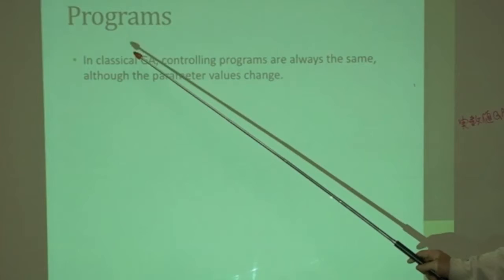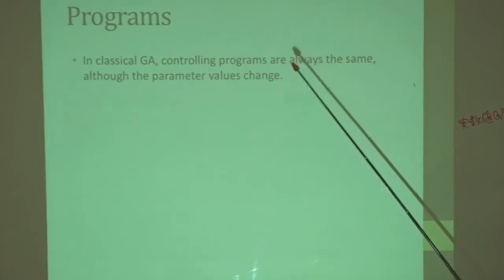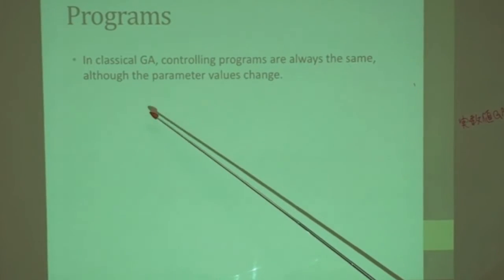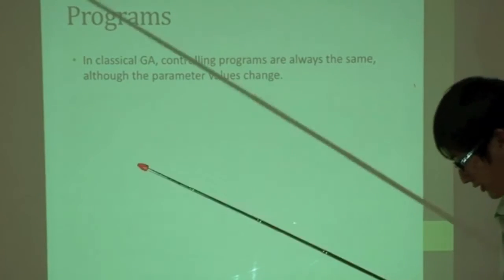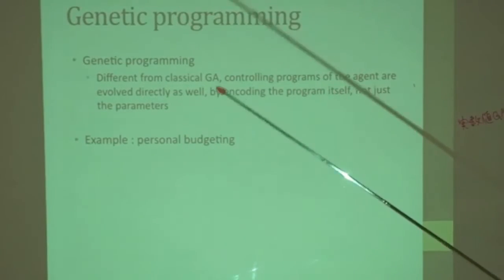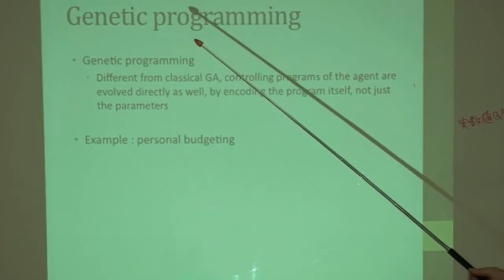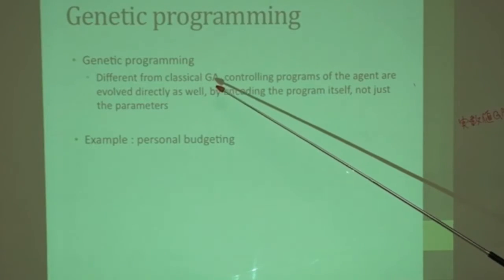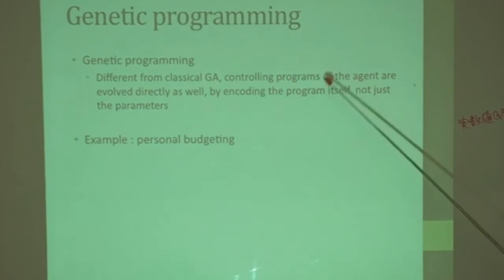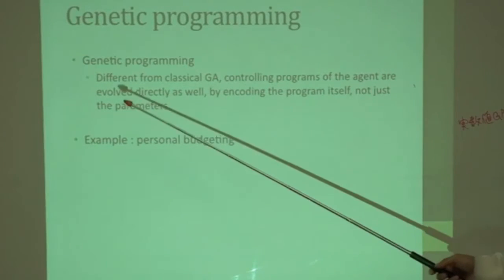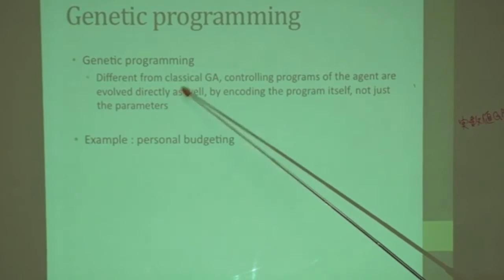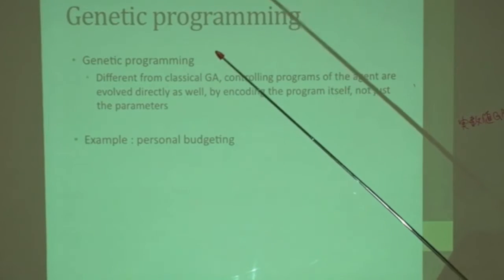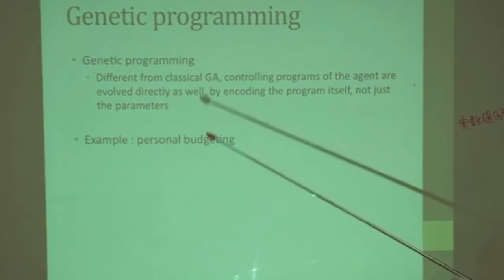Programs. In classical GA, controlling programs are always the same, although the parameter values change. So in genetic programming, different from classical GA, controlling programs of the agent are evolved directly as well by encoding the program itself, not just the parameters.